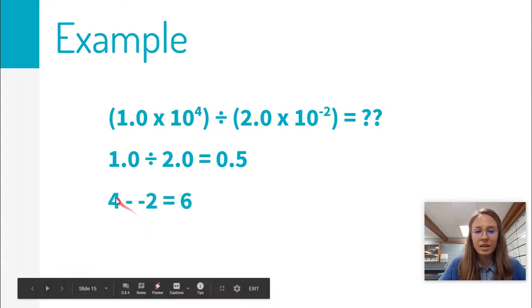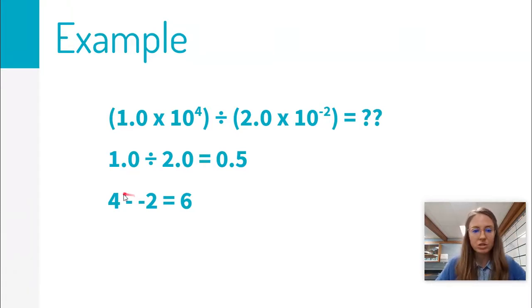You always take the top exponent minus the bottom exponent. Okay, so it's 4 minus a negative 2. You have to be careful with negative exponents, making sure that you understand that 4 minus negative 2 is really like 4 plus 2. Okay, so 4 plus 2 will give us a new exponent of 6.